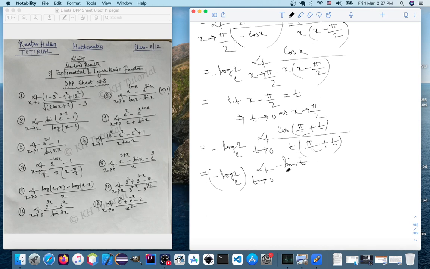We can club that with sin t by t, and we are left with 1 by (pi by 2 plus t).